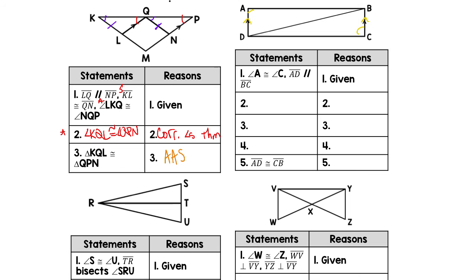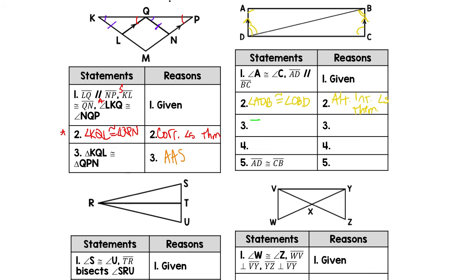All right, so we know that AD and BC are parallel, so we can say that angle ADB and angle CBD are congruent because they're alternate interior angles. And we use the alternate interior angle theorem.